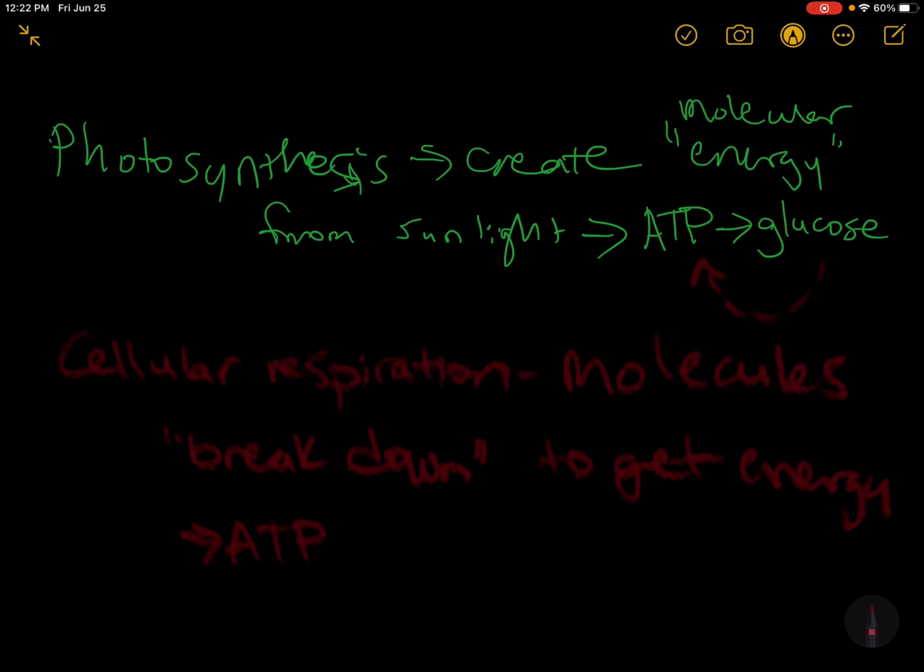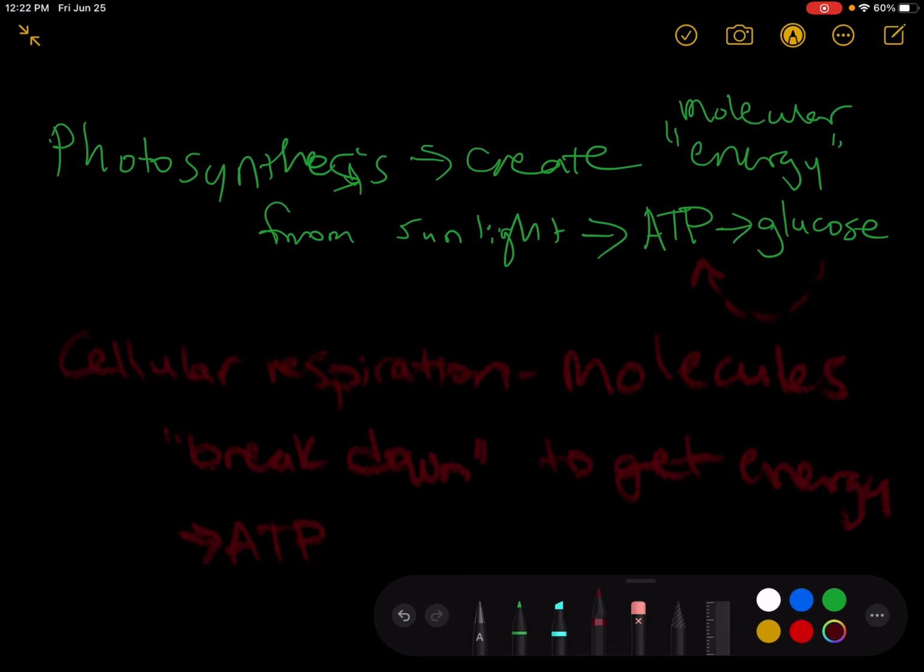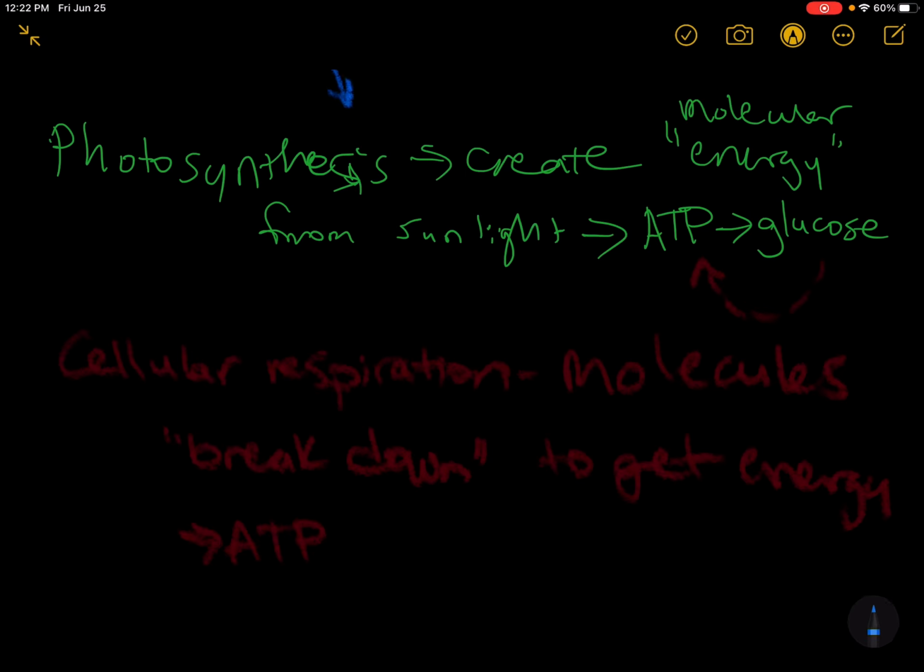What are the other connections between these two processes? Well, in photosynthesis, we are initially splitting a water molecule. So we need to add water, and you know this because we need to water our plants, and that water molecule is necessary to kick off or start photosynthesis.